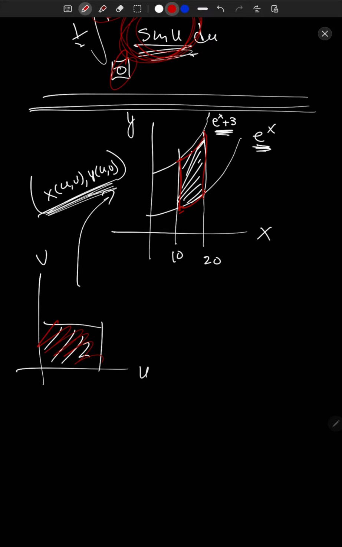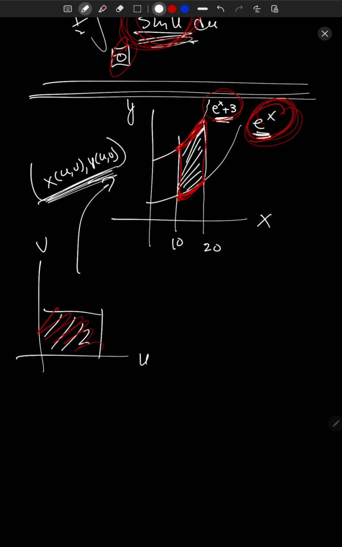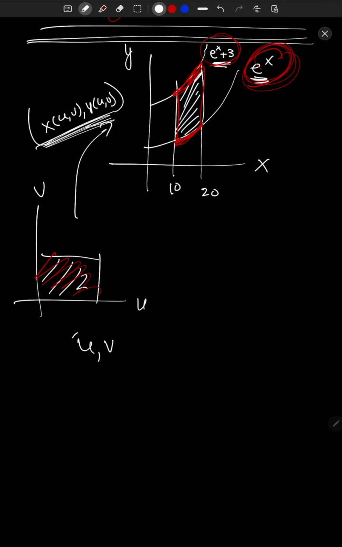Well, what you would notice is that this bottom portion of the region looks like e to the x, and this top portion is just e to the x, but just shifted upwards by 3 steps. All right. So if I do something like this, u comma v goes to e to the u comma, and it looks like here my horizontal part is just, these guys are just straight, right? So I'm just going to leave v as y, comma v, all right?